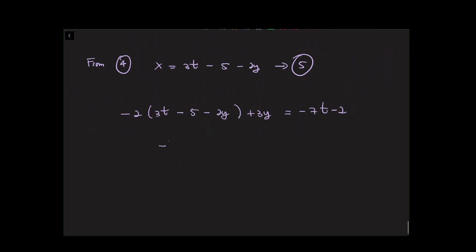We get negative 6t plus 10 plus 4y plus 3y is equal to negative 7t minus 2. Negative 6t plus 10 plus 7y is equal to negative 7t minus 2.